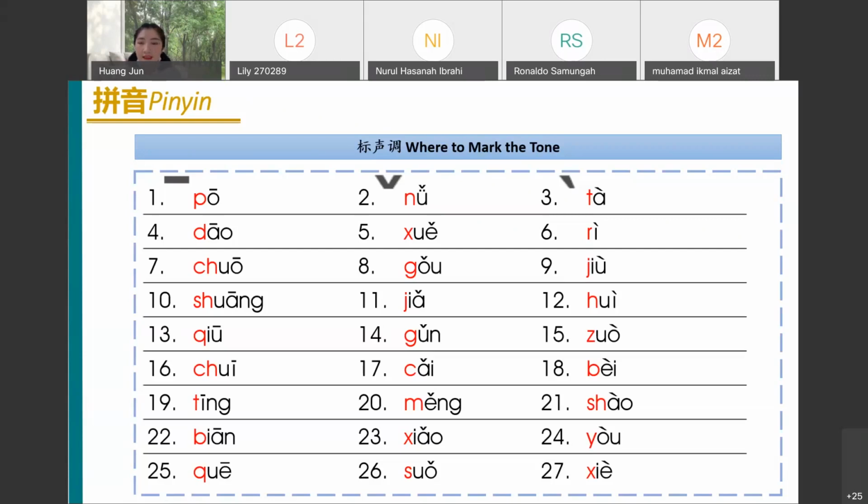Miss, what about number 14? Because there are 2 initials, right? Okay, let me check this one. 滚.